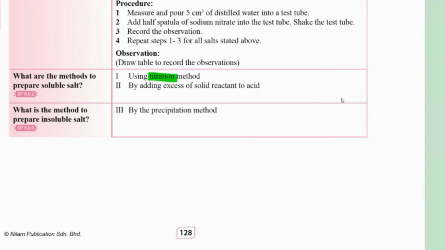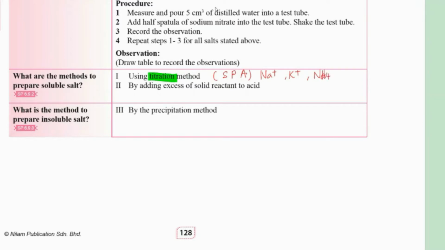Remember, we calculated with the MAVA method. So record down: the titration method is used to prepare the SPA salts, meaning soluble salts of sodium, potassium and ammonium.